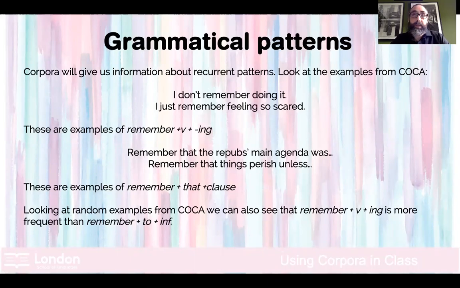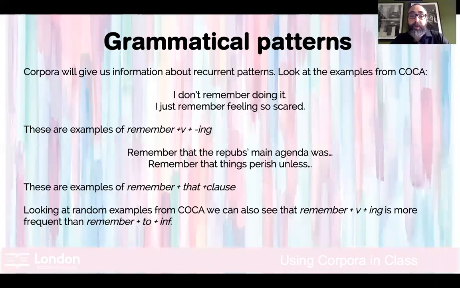I mean, is it gut feeling? Is it because we just know it? The corpus will give us all that information. What are the patterns with which we can use certain words?